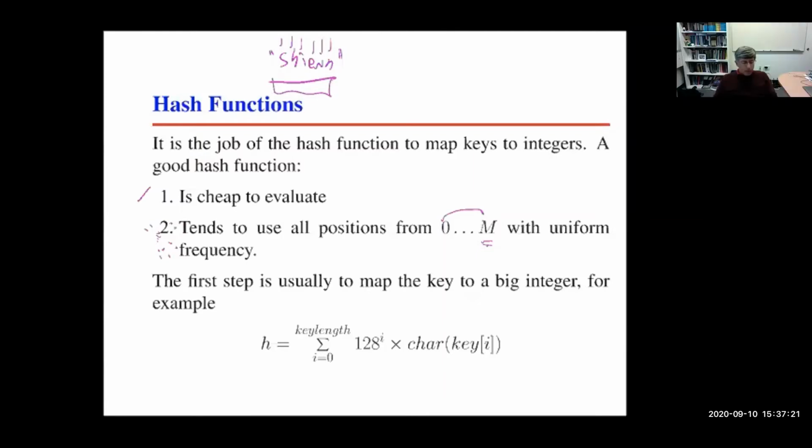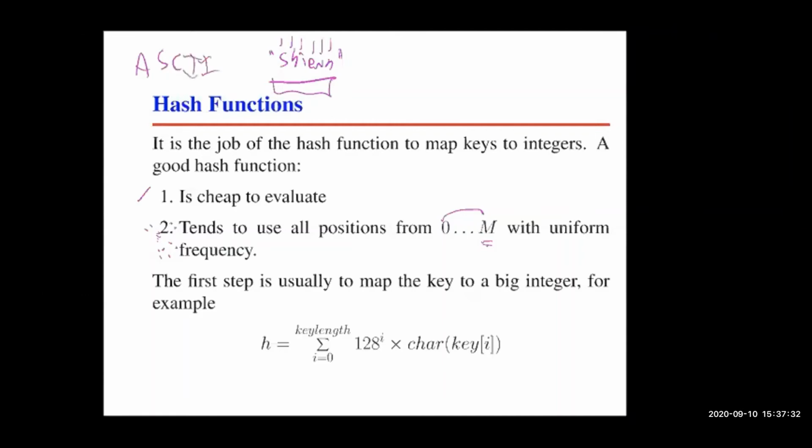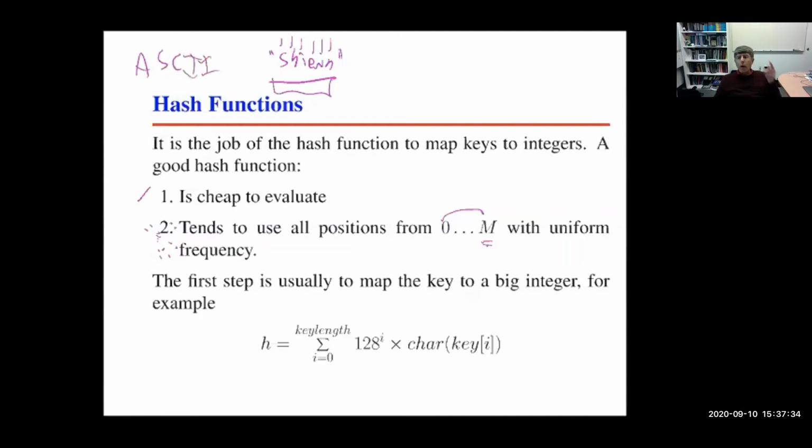That if it's represented in something like ASCII, you guys know what ASCII is? You know the character set ASCII? Every letter on the keyboard gets mapped to a number between 0 and 127, if I am correct.